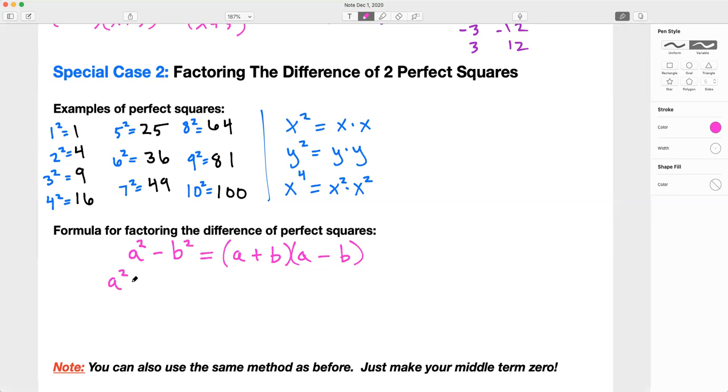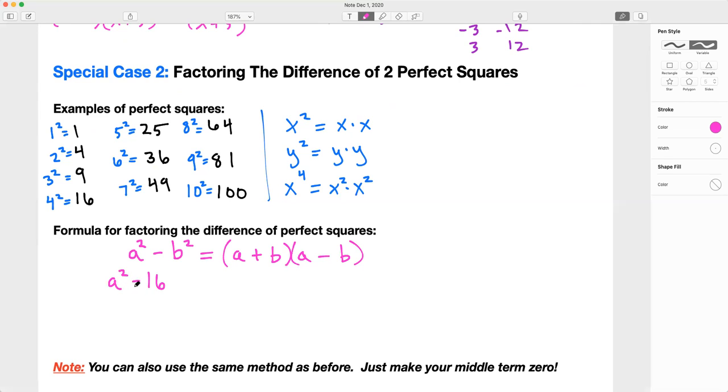So for example, in a question that you might get, if I was to give you a squared minus 16, how would you think about that? Well, you know that 16 is a perfect square because I defined it up here. And a squared is a perfect square because it's a multiplied by itself. So both of these are perfect squares, and you have a minus sign in between. That means you can follow this difference of perfect squares formula and just plug it in.